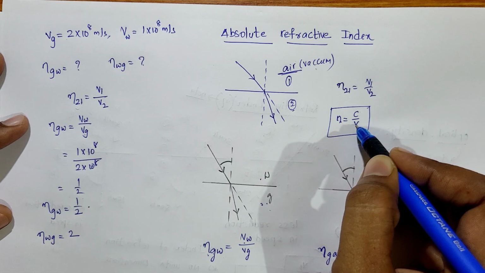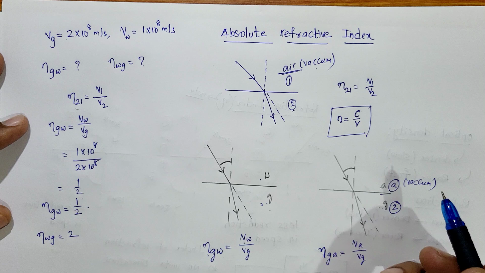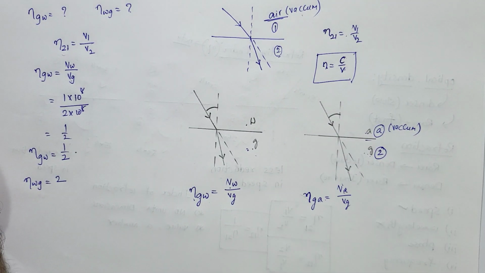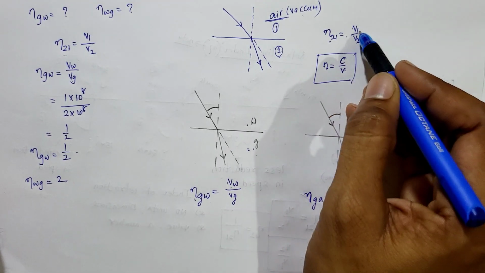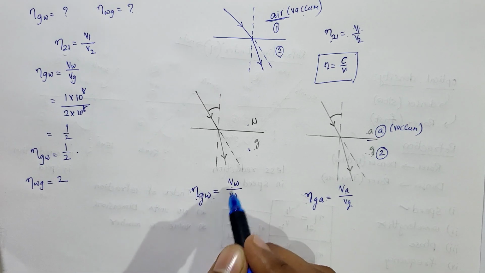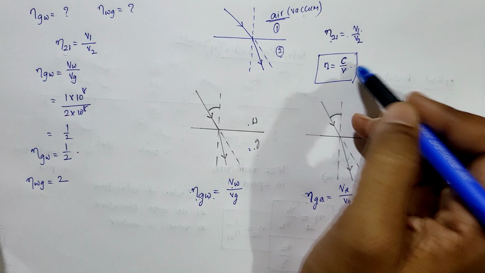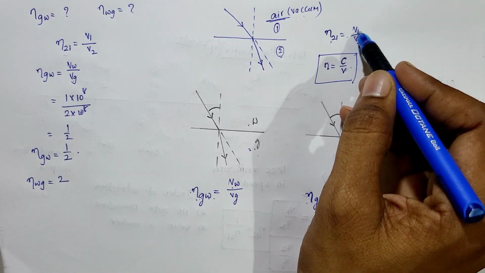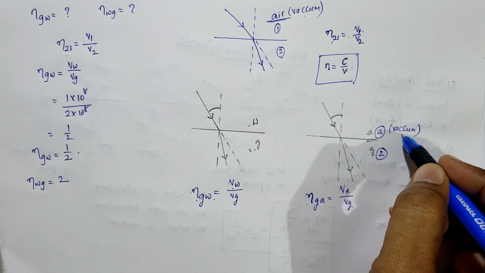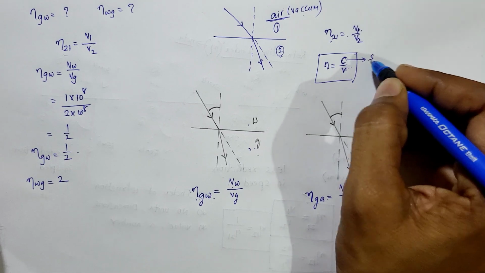V is speed of light in that particular medium. C is speed of light in air. See, N21 is equal to V1 by V2; same, NGA is equal to VA by VG, NGW is equal to VW divided by VG. But are these both the same? Same, because the first medium is always air or vacuum in absolute refractive index. That's why N is equal to C by V. What is C? C is speed of light in air or vacuum.